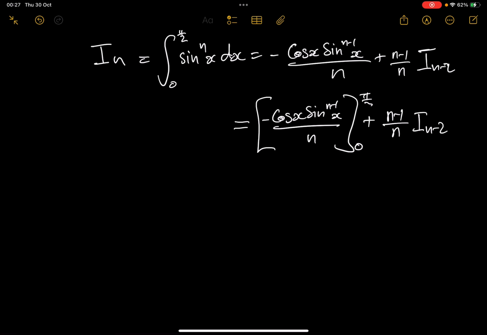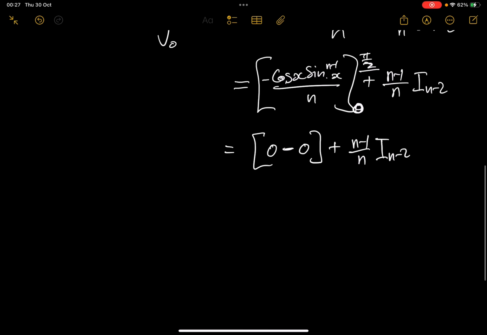So from here, we can further simplify this. If we start with the upper limit, cos pi over 2 is what? It's 0, which means the entire thing is going to be 0 minus, if we substitute 0 here, sine 0 is what? It is 0. So this is plus (n-1) over n times I_(n-2).